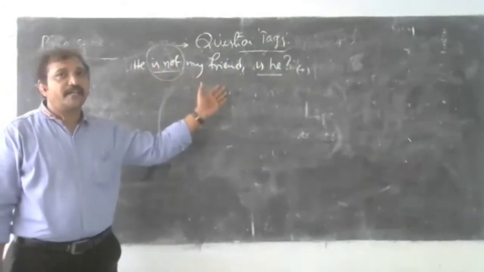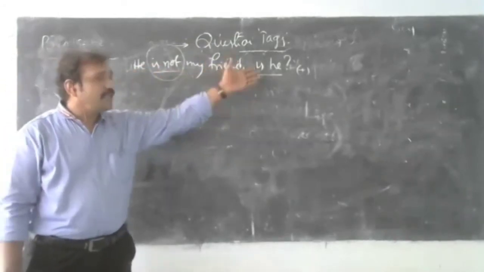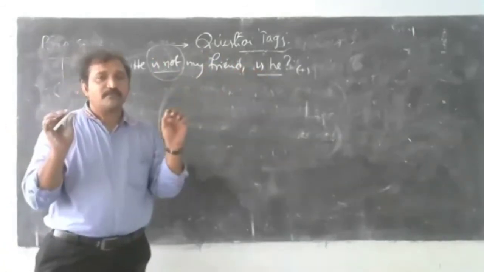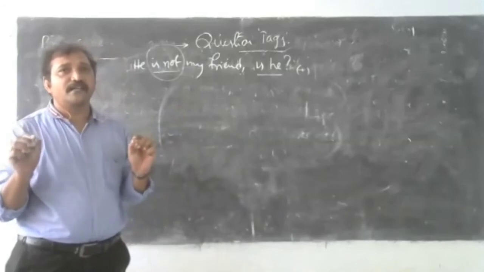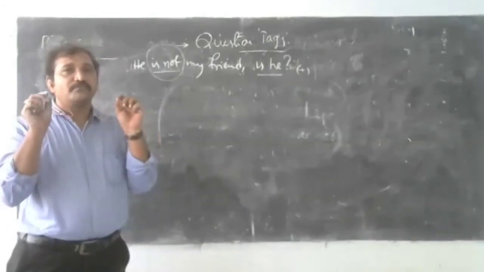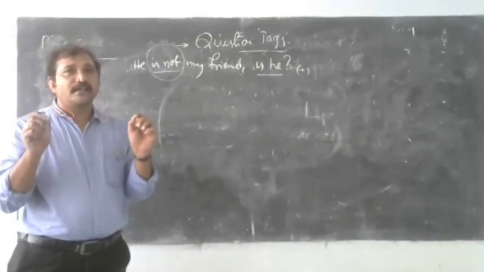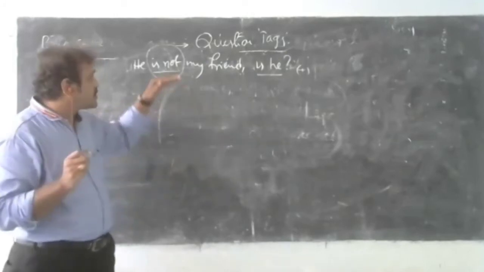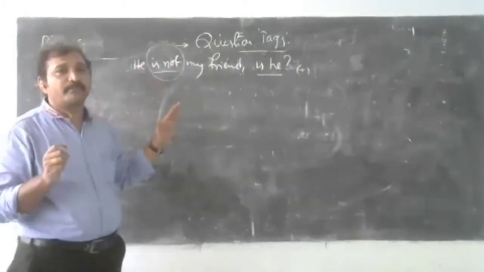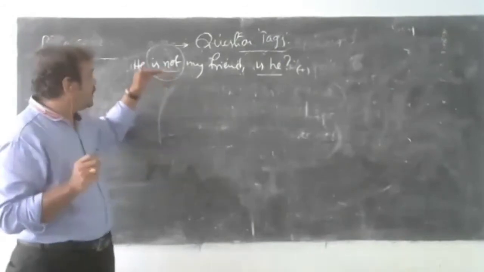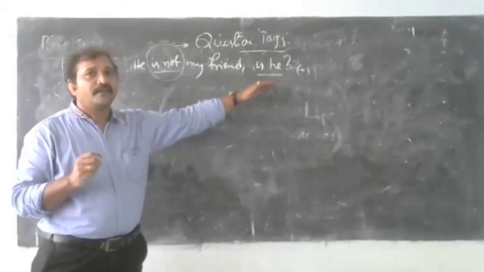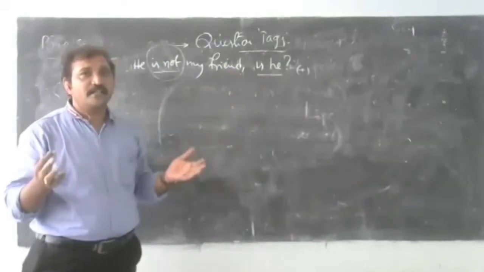He is not my friend, is he? The same expression. The purpose of using a question tag is to make a stress or to emphasize the statement of the speaker. Got it? He is not my friend. Is he?